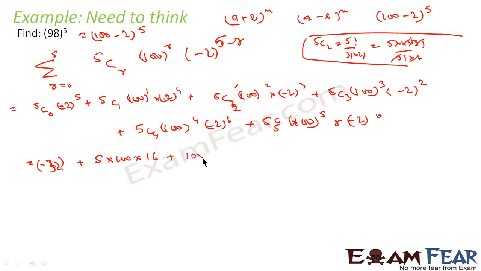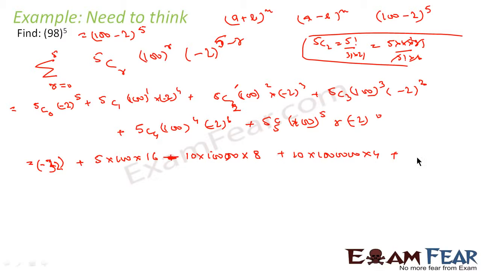So we'll say 10 into 100 square, that is 100 into 100, into minus 2 whole cube, which is minus 8. Plus 5C3 also becomes the same, that is 10 into 100 cube into minus 2 whole square, which is 4.